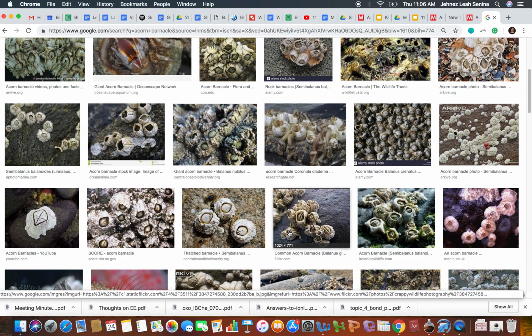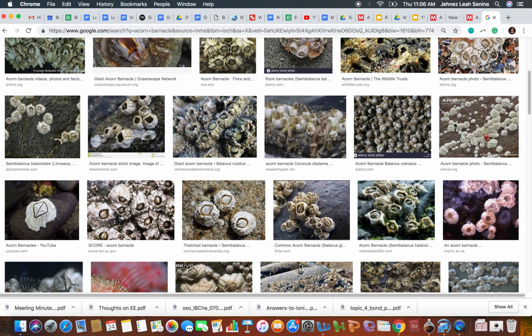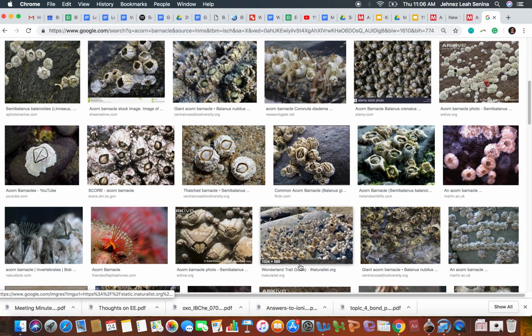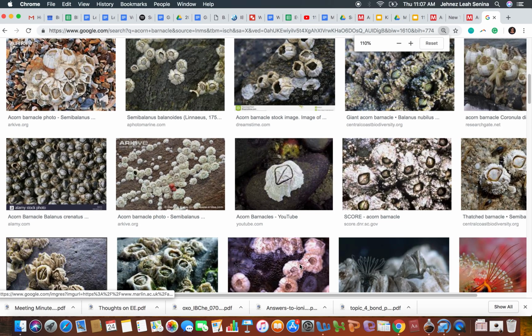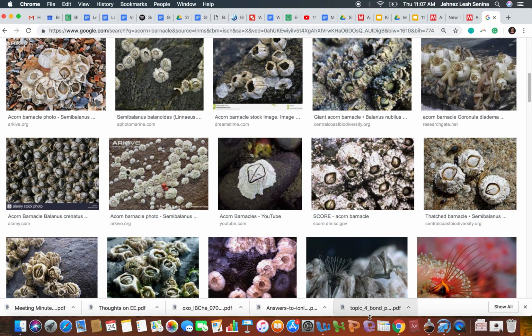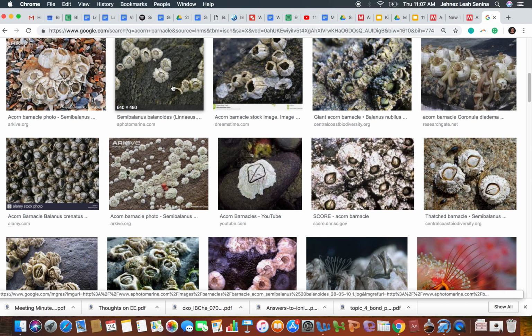It looks like fungi. So in rocky shores, they grow in the rocks.